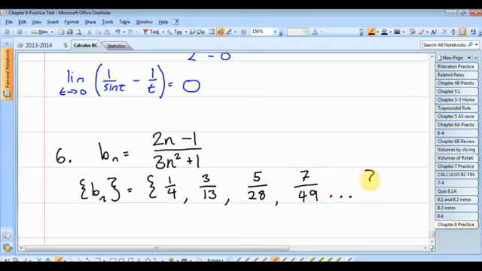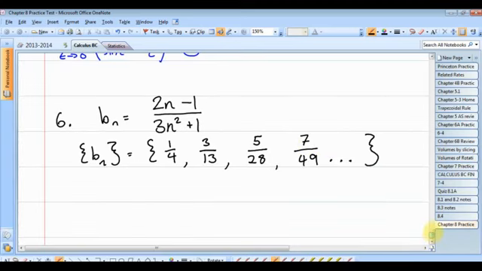Does this seem to be approaching anything? It does look like the denominator is growing a lot faster than the numerator, doesn't it? So that lets me know that it's probably going to go to 0. Let's check what is the limit as n approaches infinity of 2n minus 1 over 3n squared plus 1.